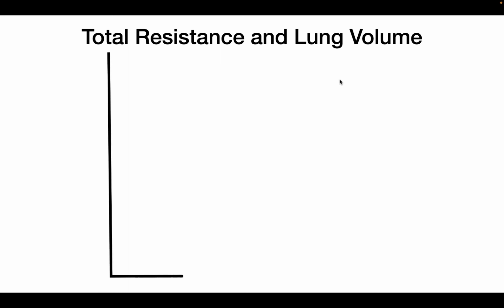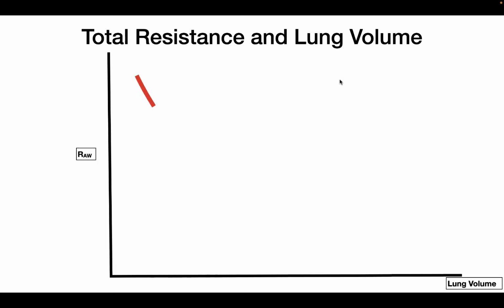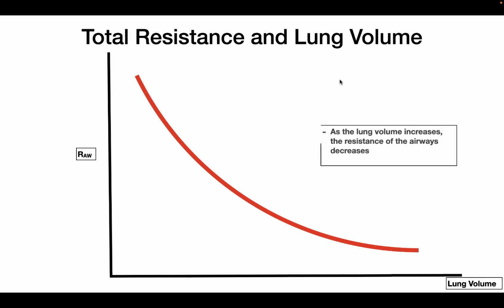The main relationship that we're going to see here is that as lung volume increases, the airway resistance is going to decrease. As the lung volume increases, this decreases the amount of airway resistance because it allows the airways to expand more and therefore widen, increase their radius, and therefore decrease the resistance.